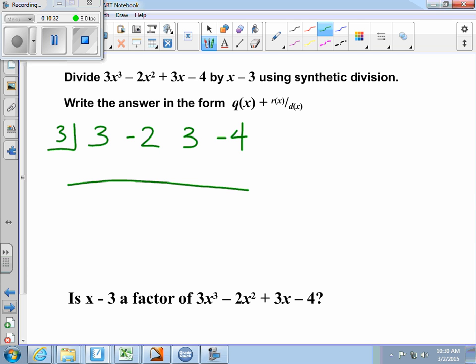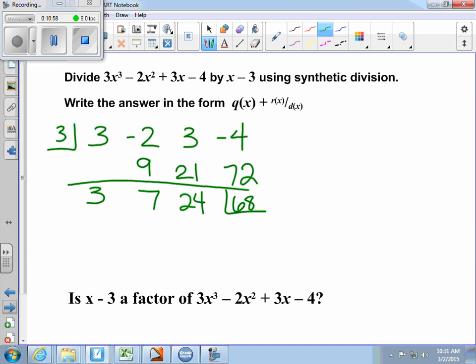Okay. Add down. Always first you add down. Multiply. Add down. Multiply. Add down. Multiply. Add down to the top. Add down and put that last one.